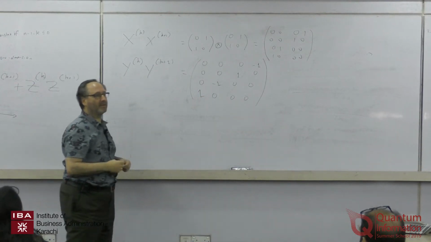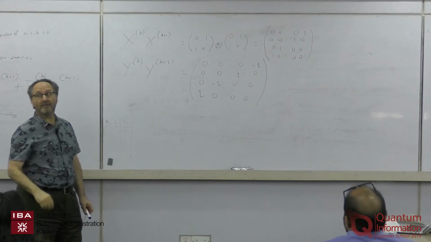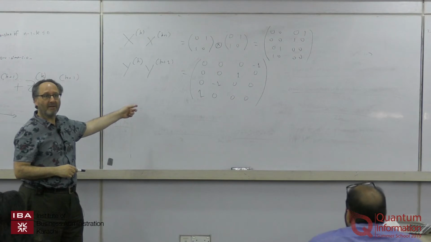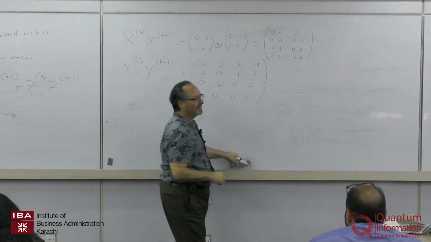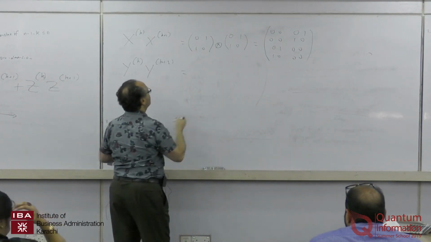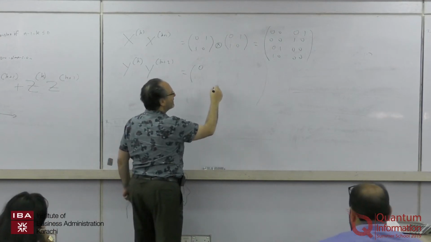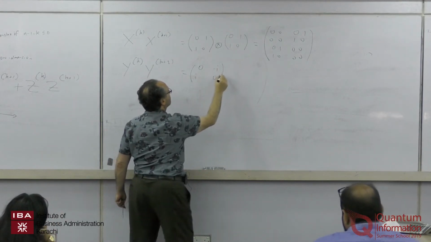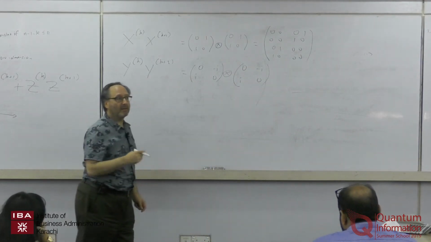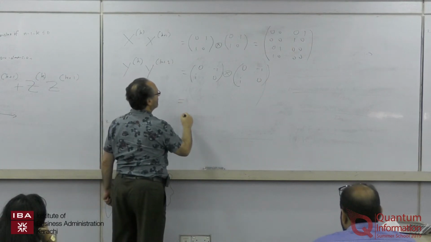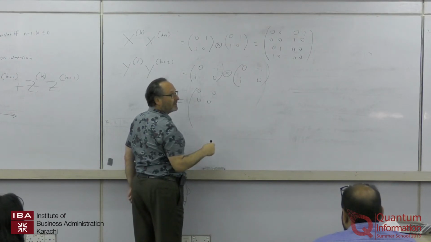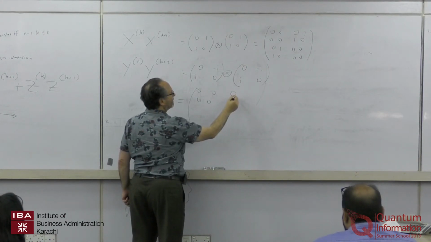Is that correct now? Looks like we have to do it the slow way. Is he right? Even more wrong. Okay, let's go through it slowly. Zero equals 0 times all that, minus i times all that. 0 minus 1?